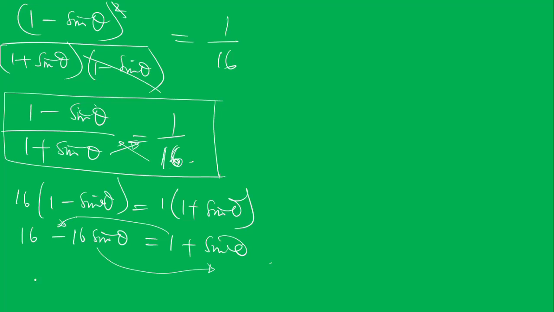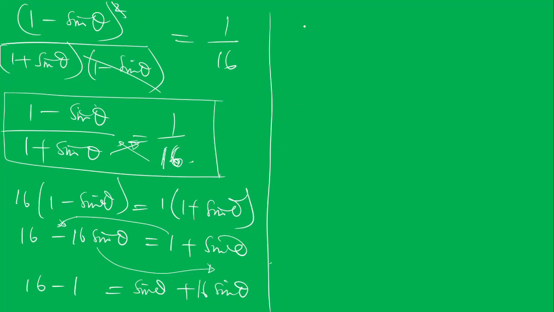So we move 1 to this other side, this plus 1 becomes minus, so you have 16 minus 1. Moving this to the other side becomes plus, so you have sine theta plus 16 sine theta. Now 16 minus 1 is 15, which is equal to sine theta plus 16 sine theta, which gives 17 sine theta.